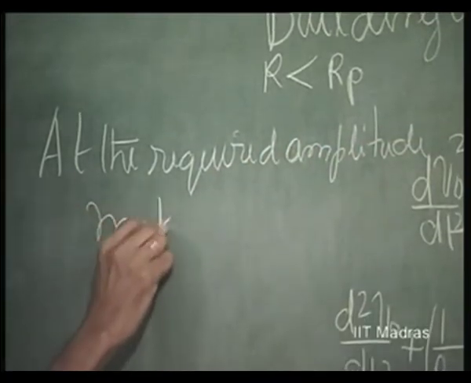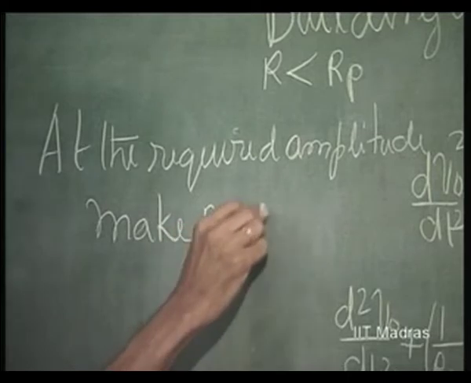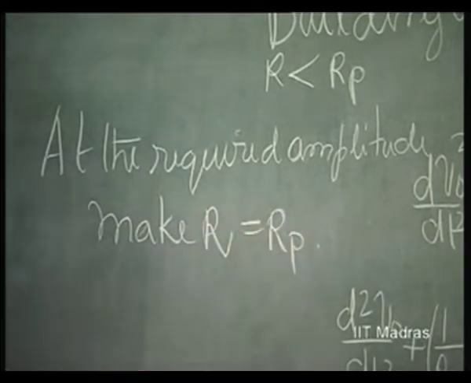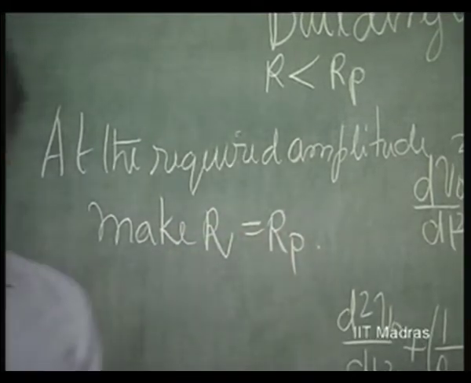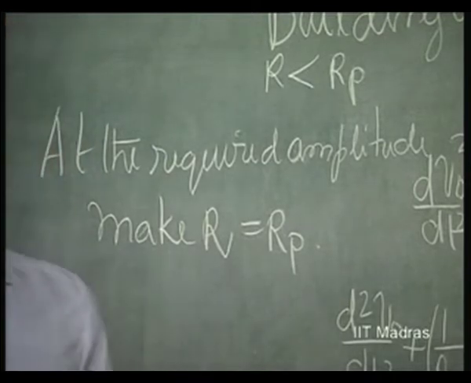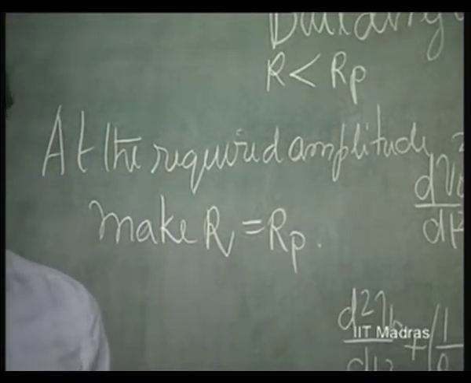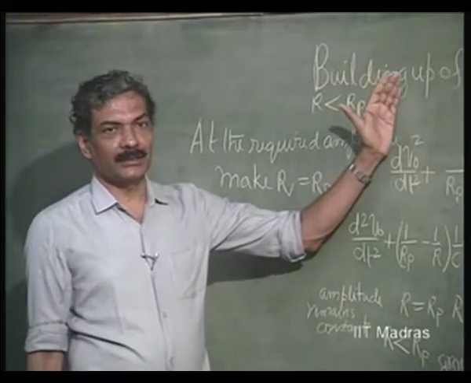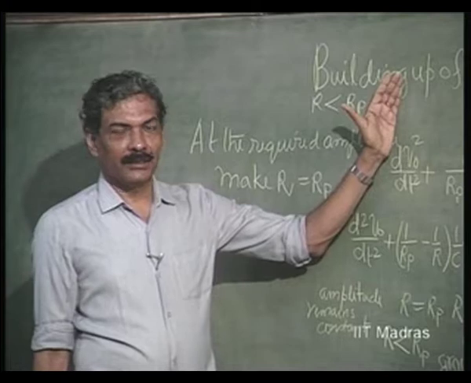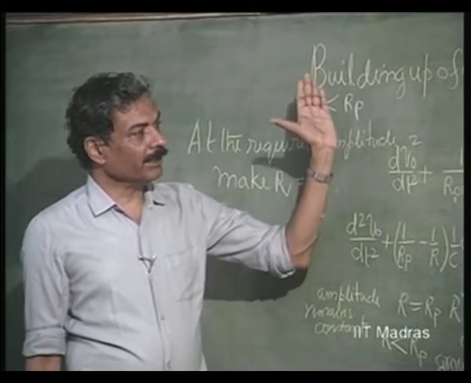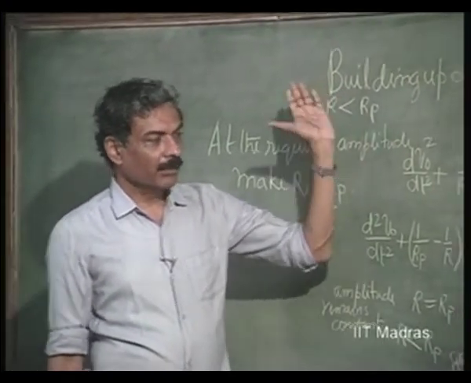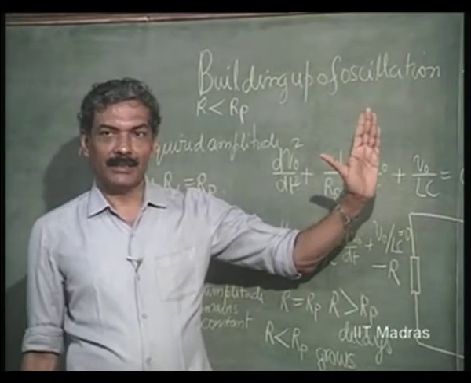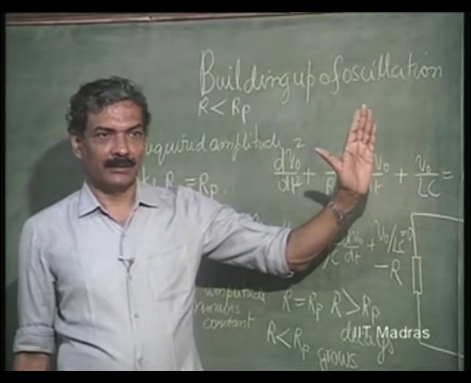make R equal to Rp. So, this is the strategy which is adopted in every harmonic oscillator, so that the oscillation starts. Invariably it will be pretty close to the imaginary axis, but it will be on the right half of the S plane.